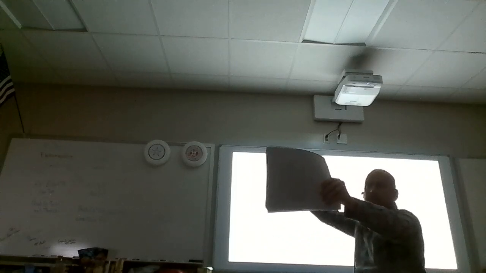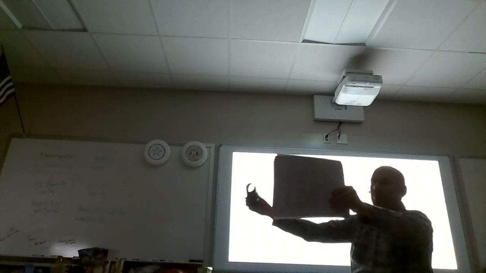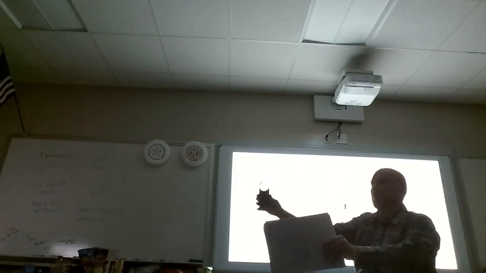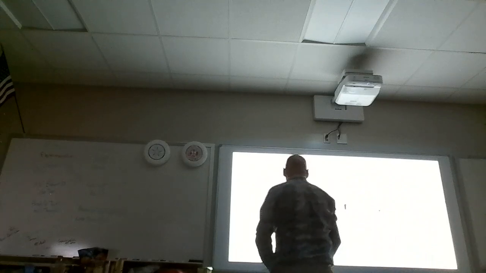Okay. You're gonna take a piece of paper and hold it in your left hand like this. Take the lens with your right. You're going to not look through the lens, but move the lens back and forth until you see something on the paper.